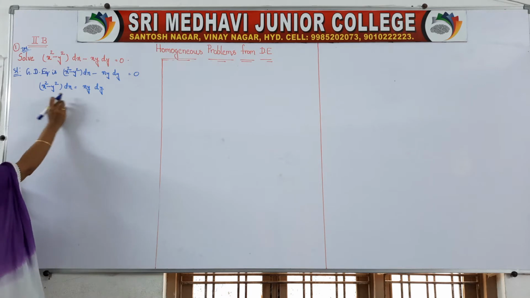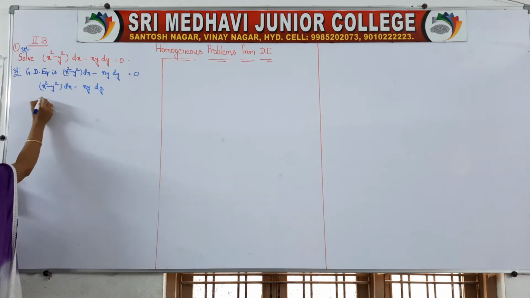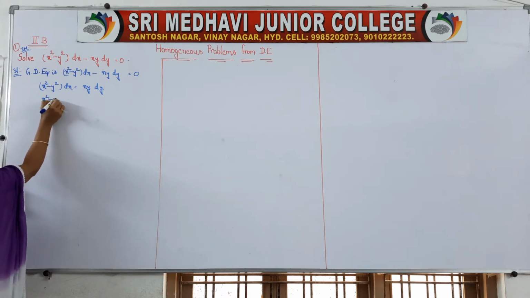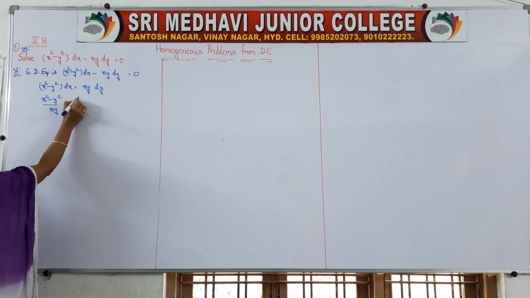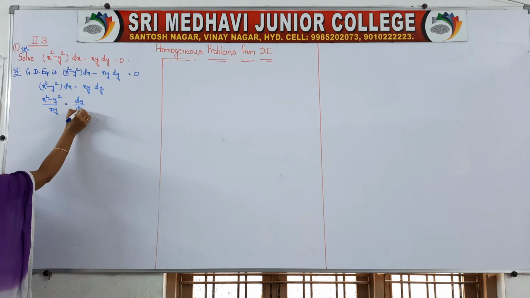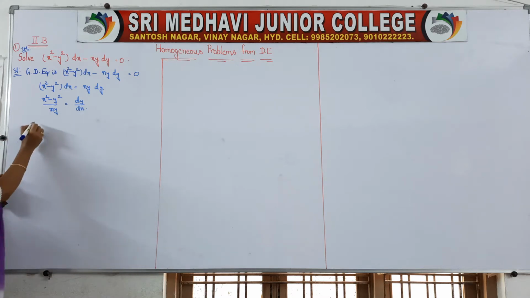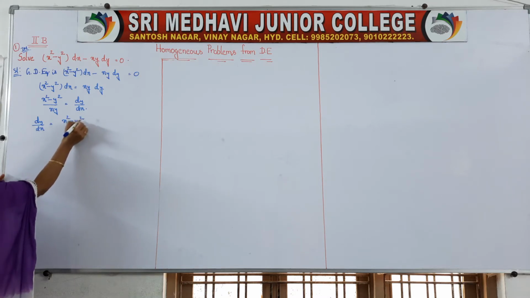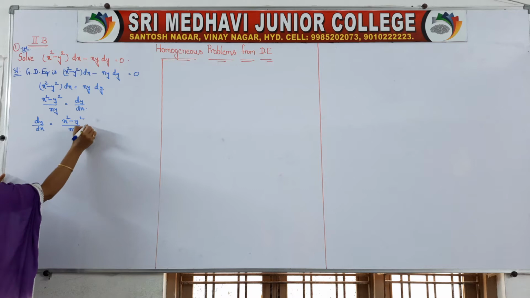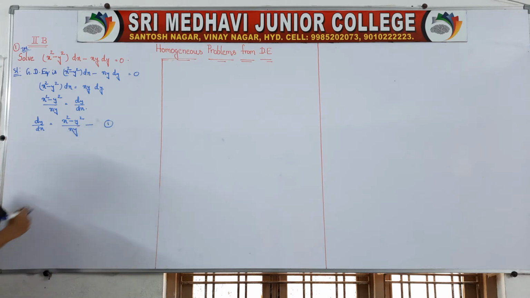So next dy by dx, it should be, x square minus y square by xy. So we can write dy by dx is equal to x square minus y square by xy. Consider this as equation number 1.